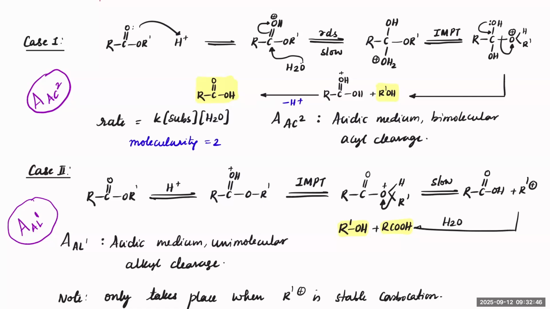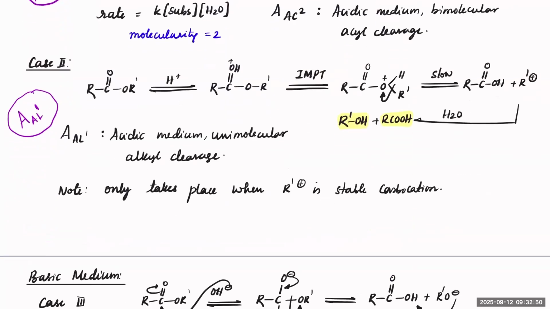Any doubt? No. The second case is the breaking could also happen between oxygen and R. That way also we can make a reaction. If that kind of breaking happens, then it is called alkyl cleavage.